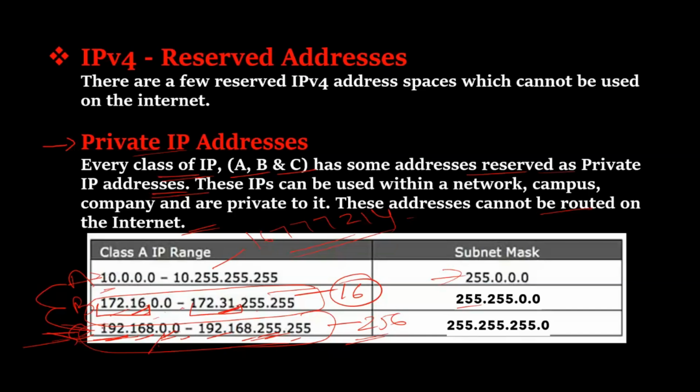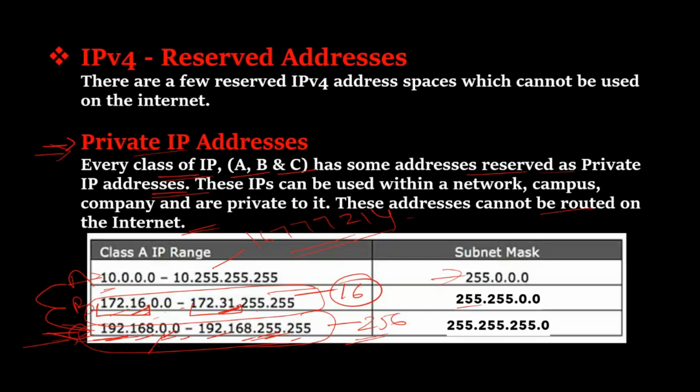If you try to access the internet, it will show an error like network connection is not available. That's why this range is reserved for private IP. So always in any LAN you will get this type of IP.